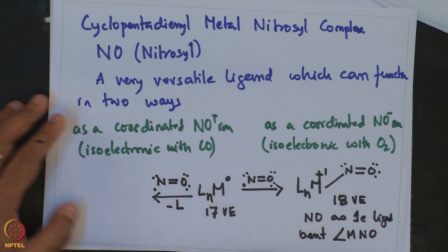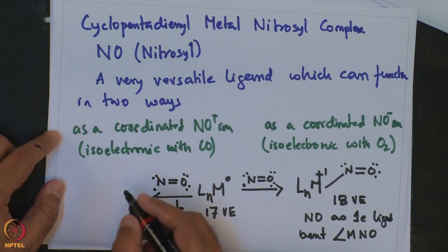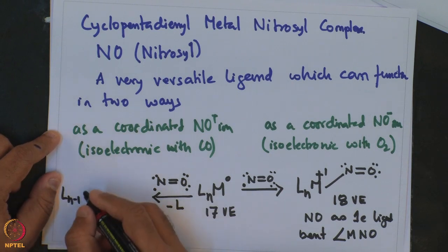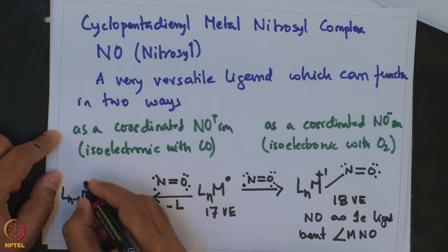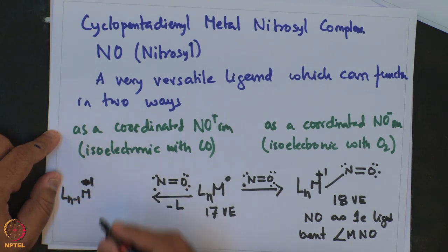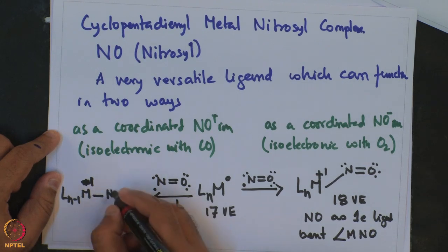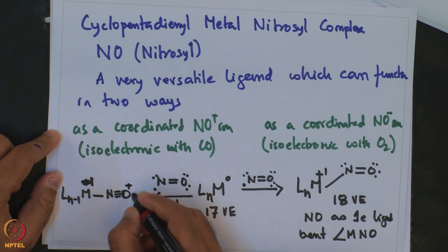In that case, it loses an L, and the resultant n minus 1 M, the oxidation state becomes minus 1. NO plus.